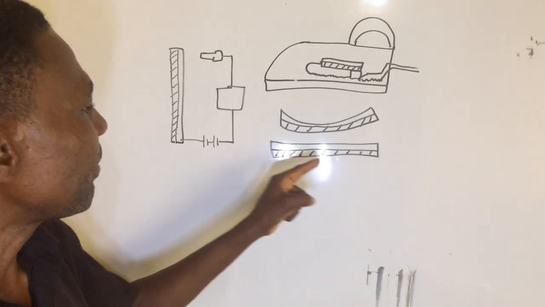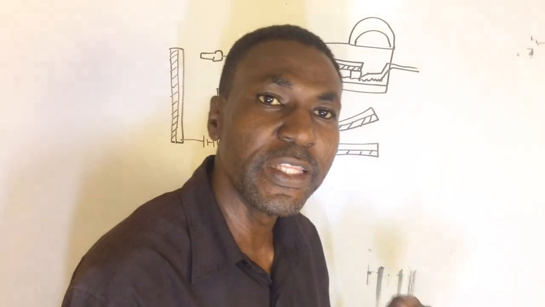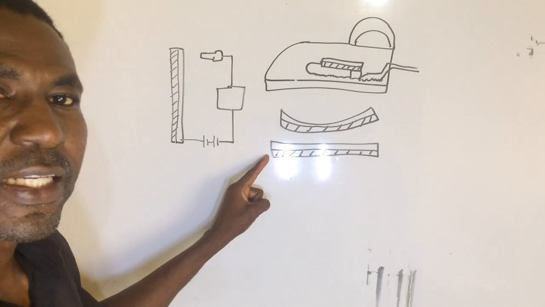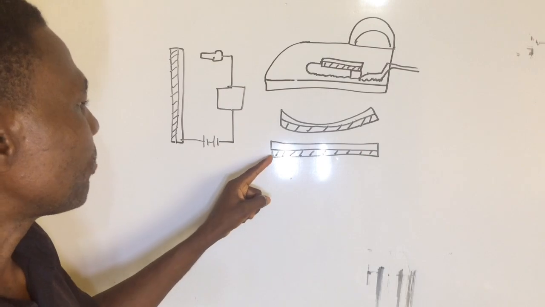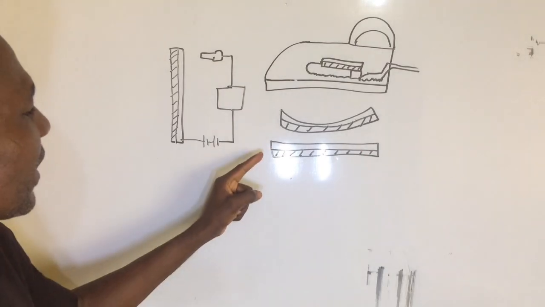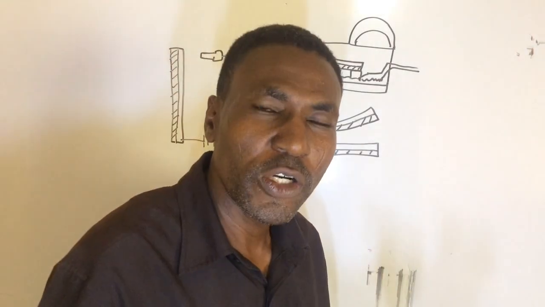When you heat this bimetallic strip that has different abilities in expansion, one of them expands more than the second one. If, for example, this is brass and this is iron, brass expands more than iron.